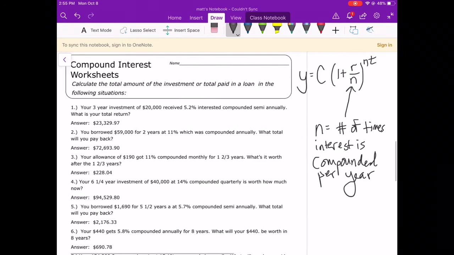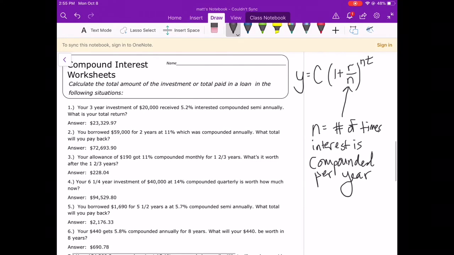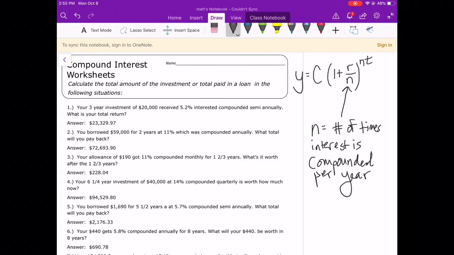So just to make sure we set this up correctly, our initial amount is $20,000. It's going to go in there for C. The rate is 5.2%, which means we have to turn that into 0.052 for our rate. And then the number of years is going to be T, and that'll be 3.